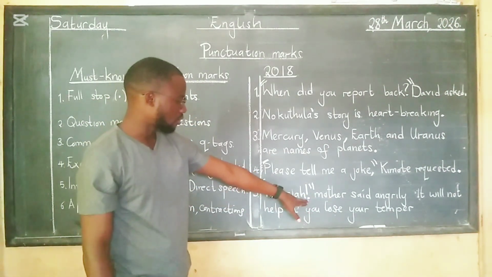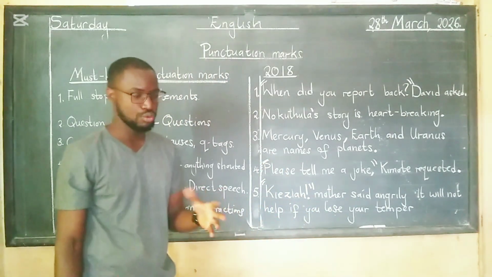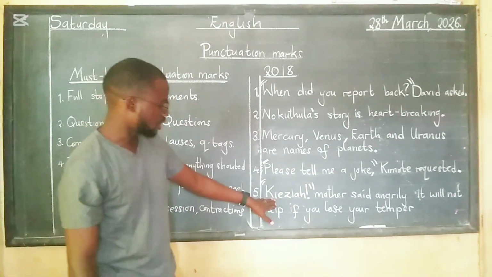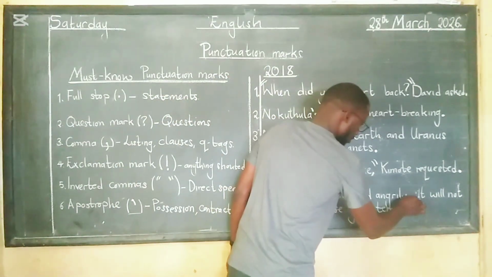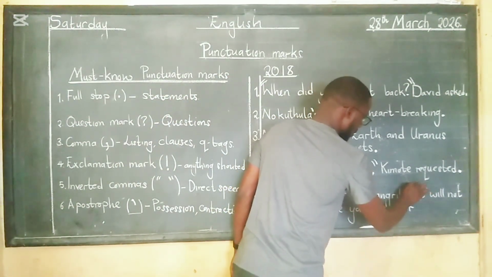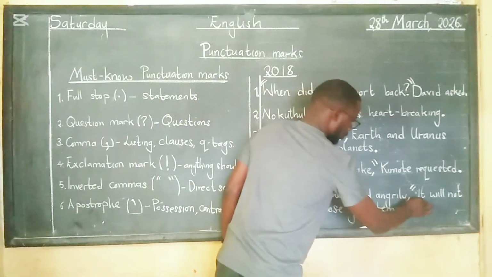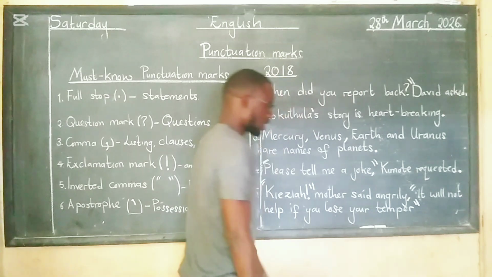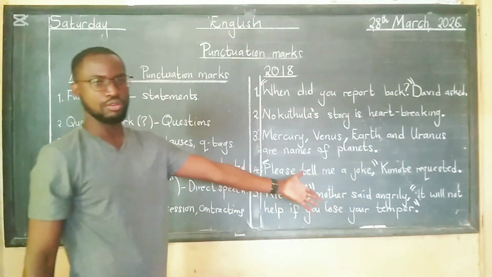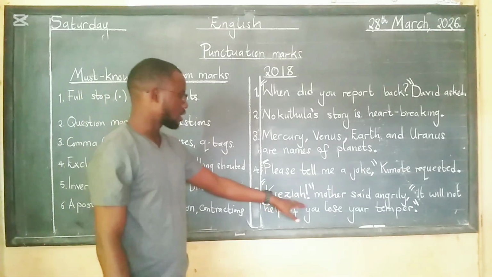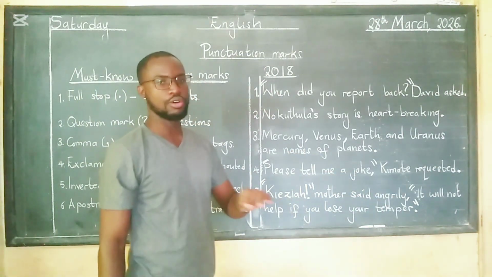But if you only put a comma here with the idea that mother did not shout, that would also be fine. So "Kezia," mother said angrily, then here, comma, because this part, "it will not help if you lose your temper," is also something that mother said. And in this situation, the full stop can work because it's the last part of the sentence.